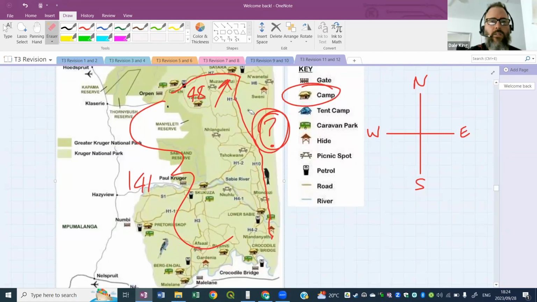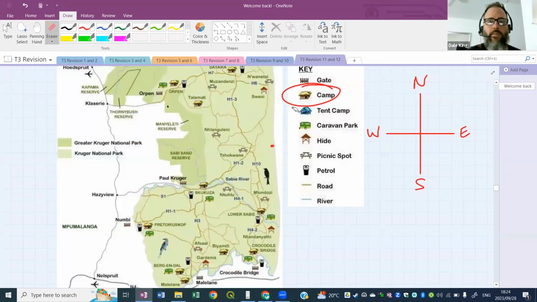All right, so it's a whole lot of counting, guys. Can you see the difference? We're talking about camps, and we're talking about caravan parks on the map. What is the difference between the number of camps and the number of caravan parks?